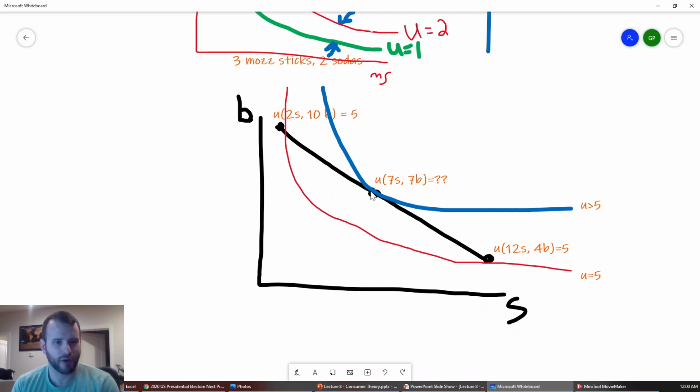It means that I would rather drink some moderate amount of beers and eat some moderate amount of samosas than drink an insane amount of beers and not eat anything, or eat an insane amount of samosas and not drink anything. I'd rather have something in between. My utility for the mixture is higher than my utility for the extremes. That's all that shape is basically saying.